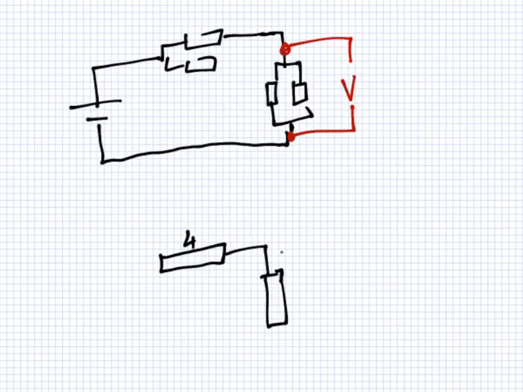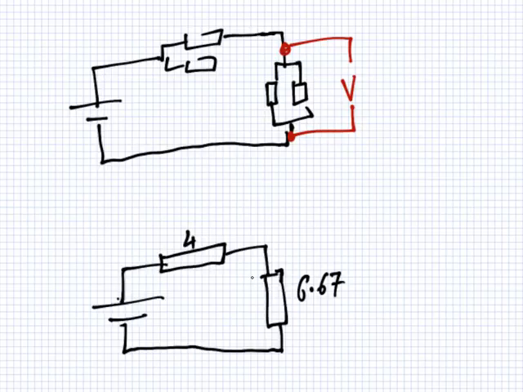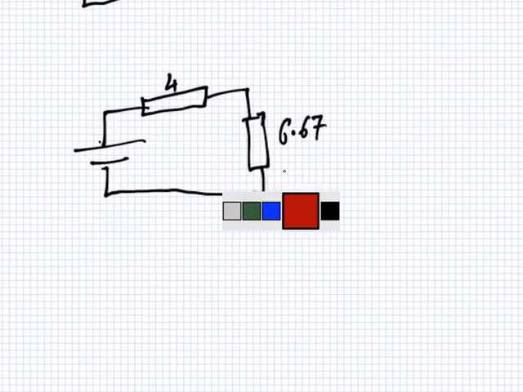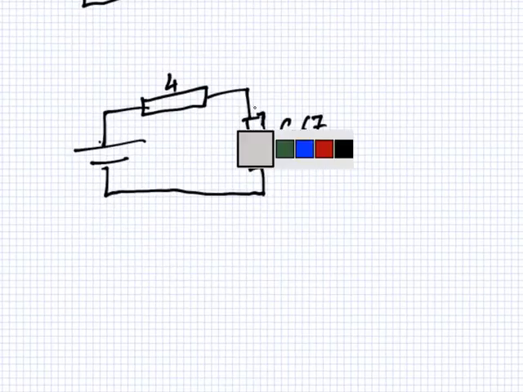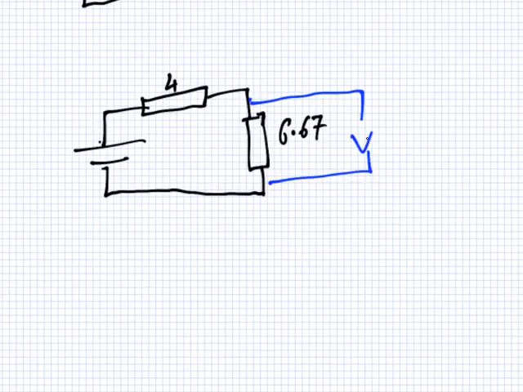You get a 6.67 ohm resistor, and then here is 12 volts. But if you look very carefully, I can redraw this again like this.